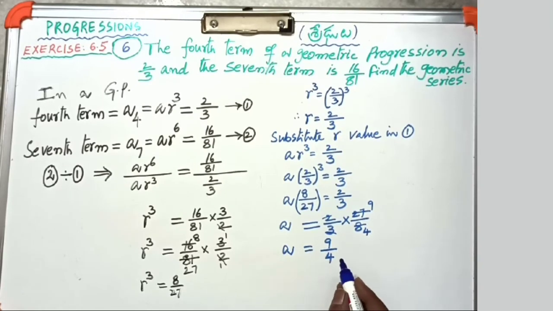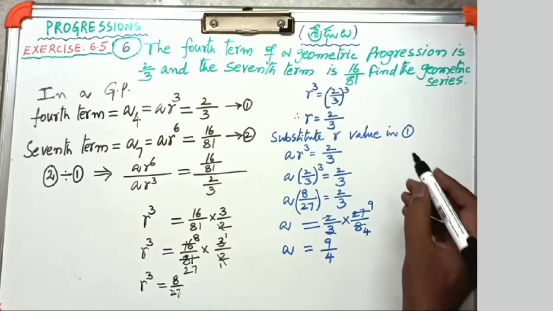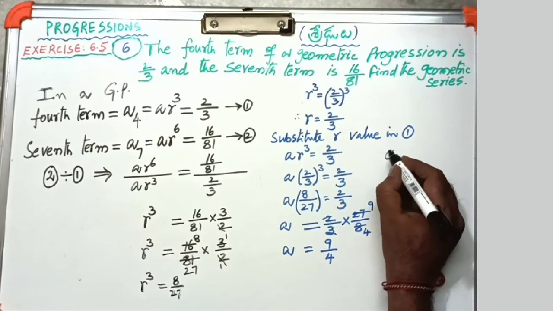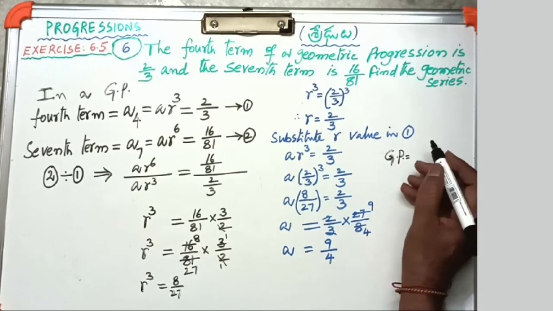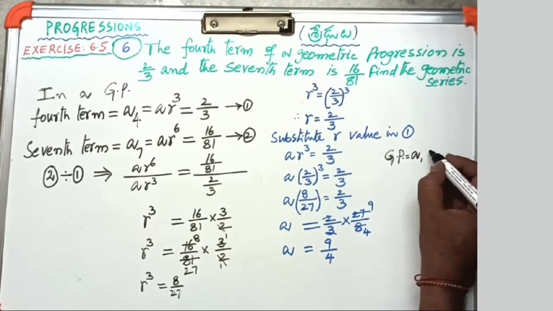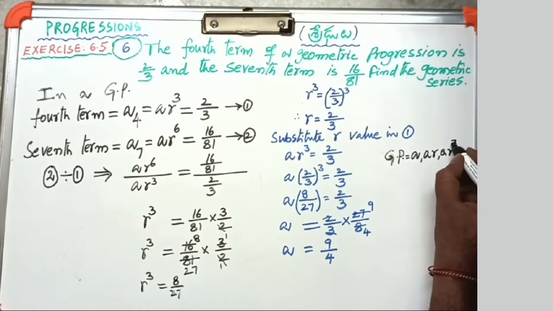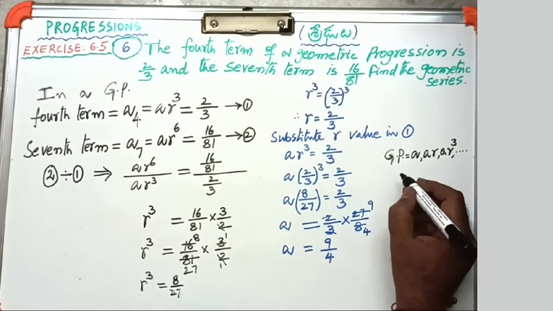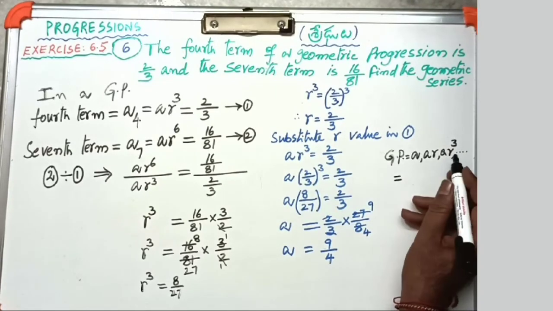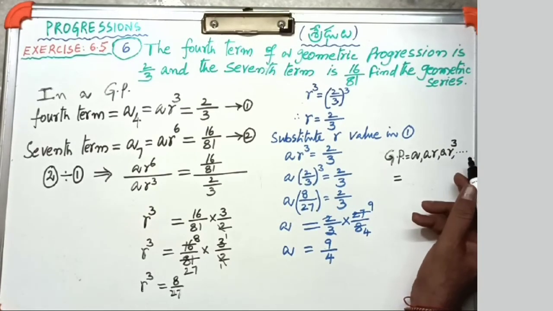Now you know the A value and the R value. The GP is A comma AR comma AR square, this is the general form of the GP. Now substitute the A value and R value in this GP.